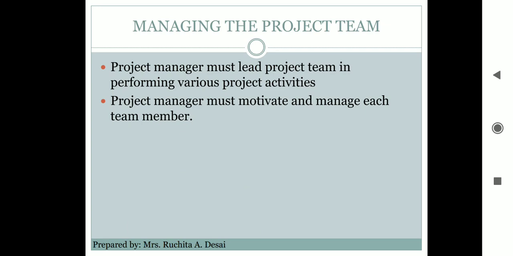Now the second input is the project staff assignment: who all got assigned to our project team in the second process, while acquiring. You can visualize that we are taking the outputs from the previous three processes of project human resource management as inputs to manage the project team, because we need to manage it.